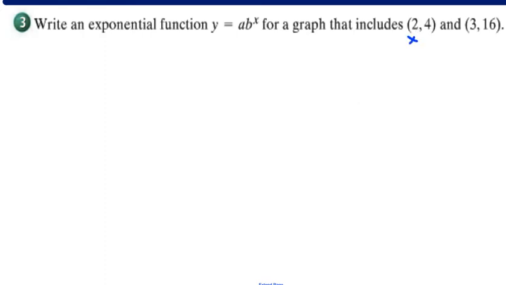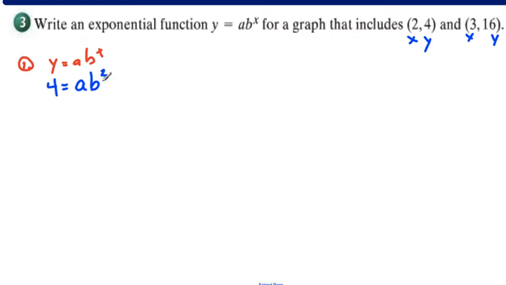This is x, this is y, x, y. Number one, we need to do the y equals ab to the x power. I'm going to use my first one. So we have y, which is 4, equals a times b, and the x is 2. See, now this complicates things.